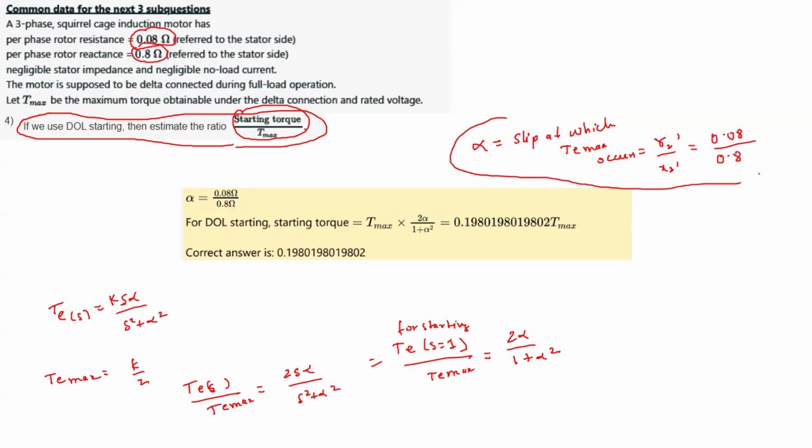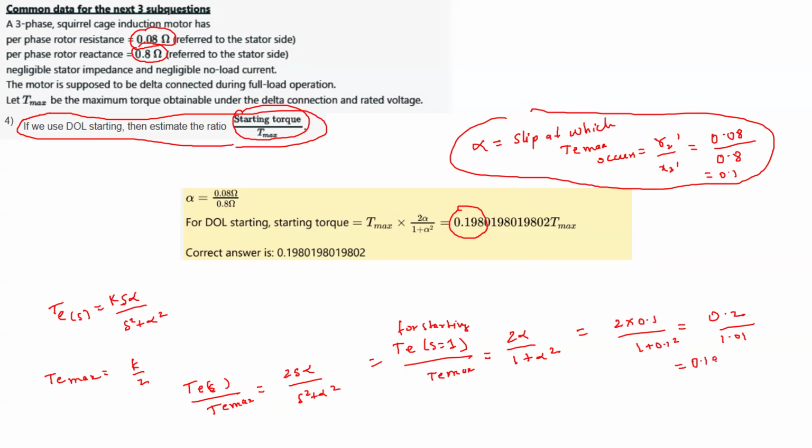So we have obtained alpha, which is 0.1. So the ratio of starting torque to T max is 2 into 0.1 by 1 plus 0.1 square, which is 0.2 by 1.01. If you do that, you will get 0.198.